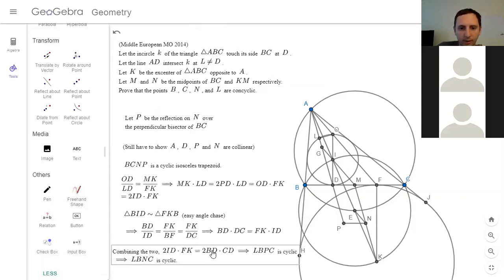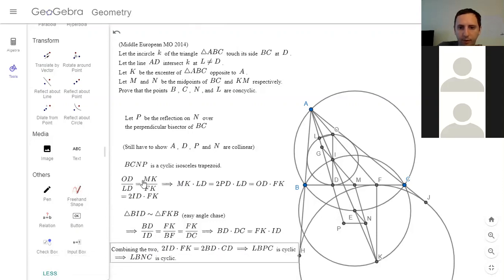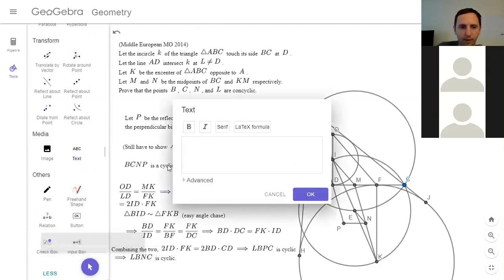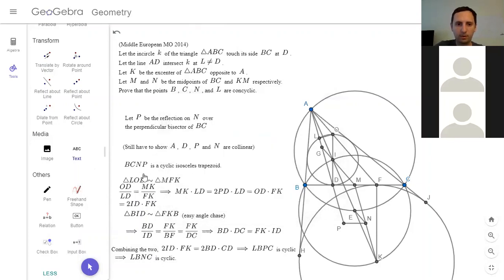So LOD is similar to MFK, and I'll write it right here. The fact that those are similar makes this ratio right here. So then we get all these equalities.